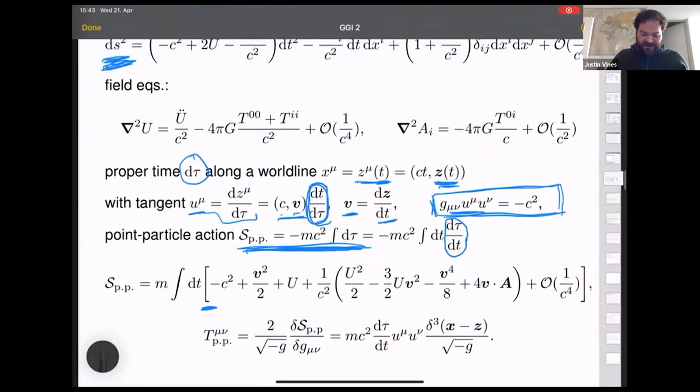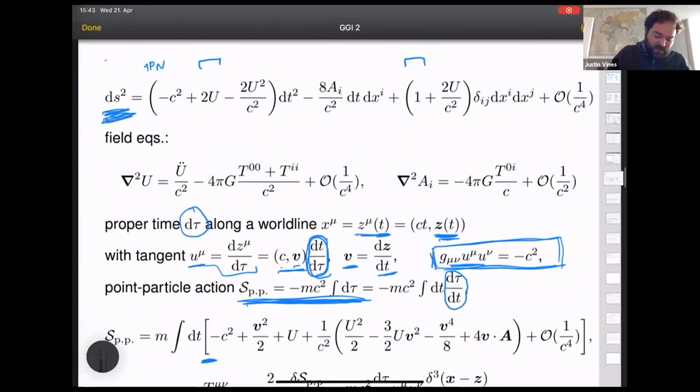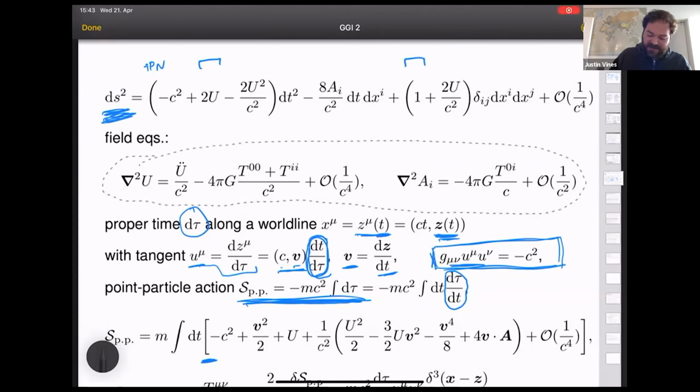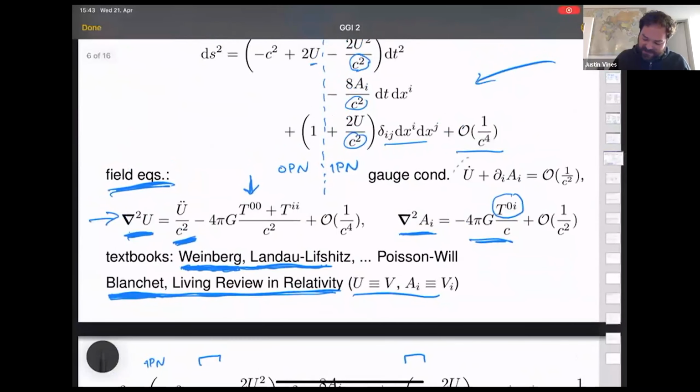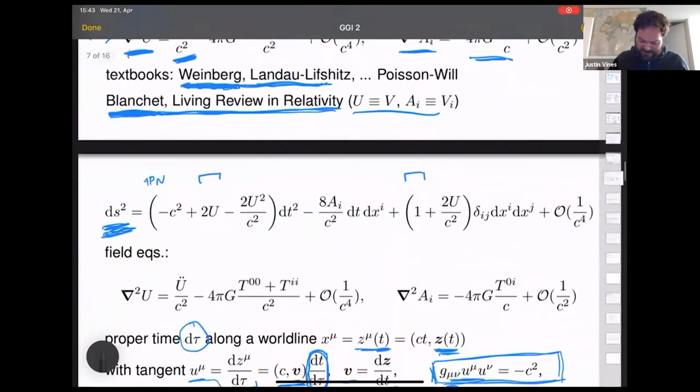So just a reminder, we want to solve Einstein's equations. This is our metric ansatz. Einstein's equations will be solved if these field equations, and something I forgot to mention here, this gauge condition, which is the harmonic gauge condition, are solved.